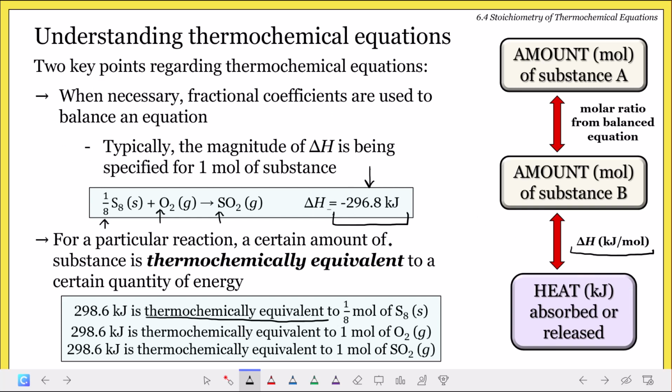If we know how much energy is being transferred, we can use this as a conversion factor to say, well, if that much energy was absorbed or released, then this much of substance A should have reacted or been produced. As is the case with most of the concepts that we've learned, practice is going to be key to really understanding this. So let's take a look at a couple practice problems here.